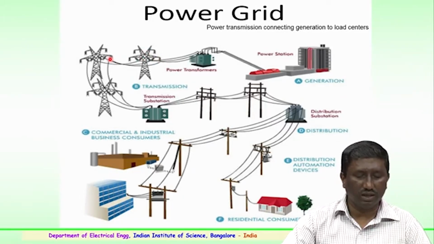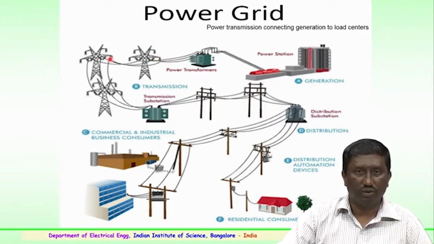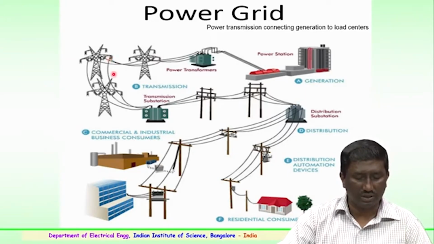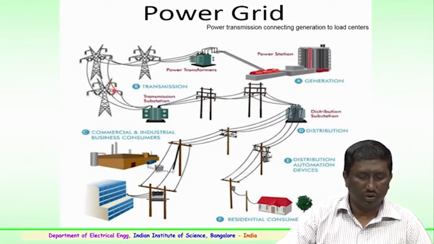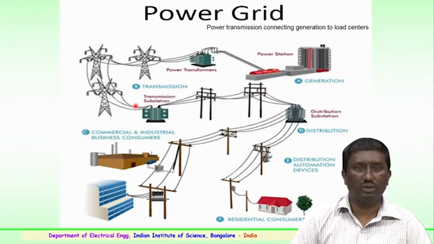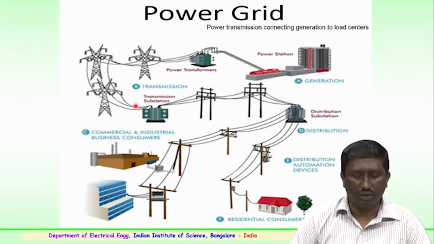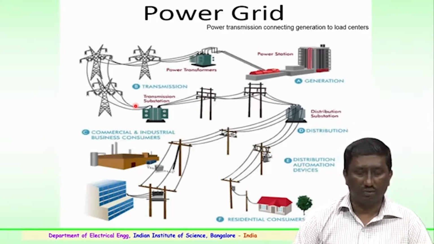So, this transmission could be from a lower medium voltage level to very high or ultra high voltage levels. Further, depending upon the requirement, this power is suitably stepped down at various locations.